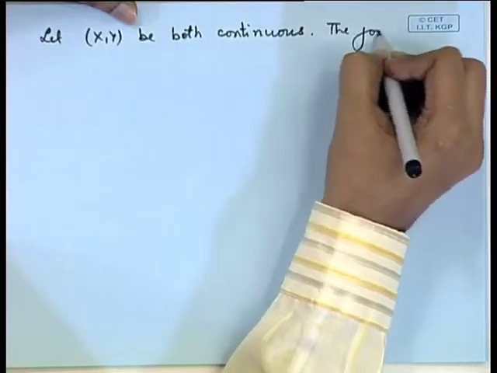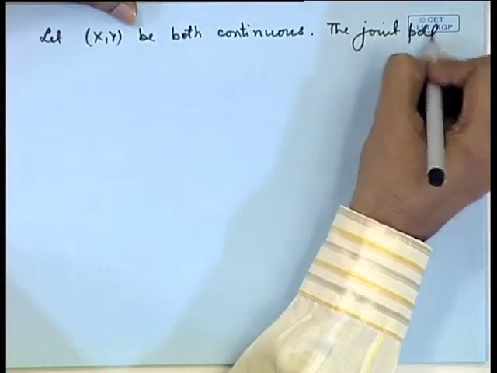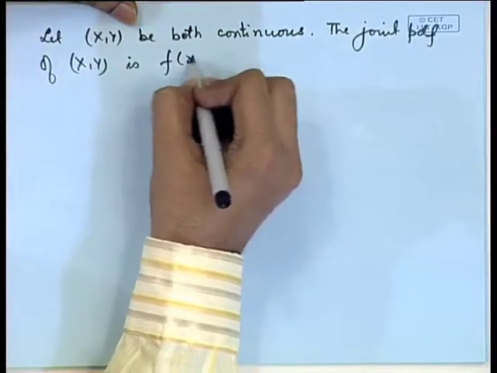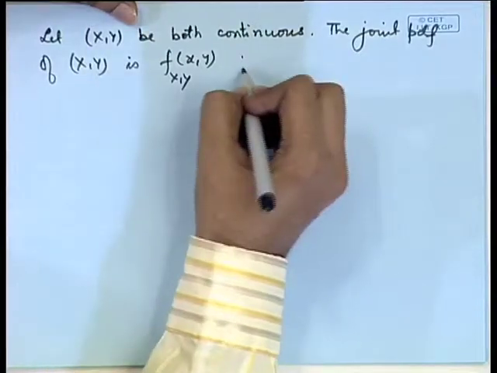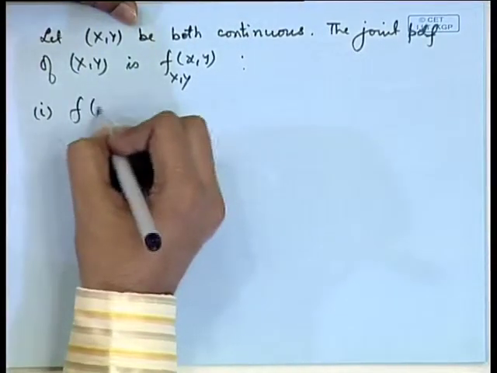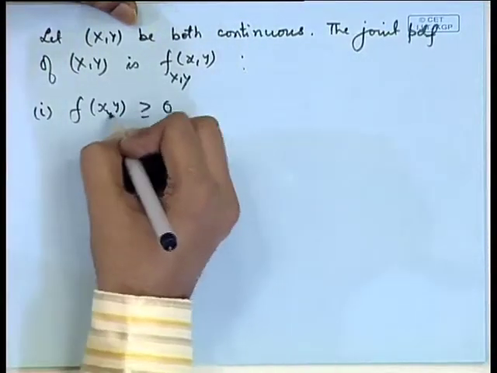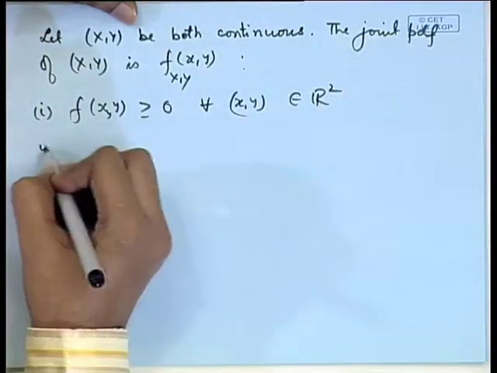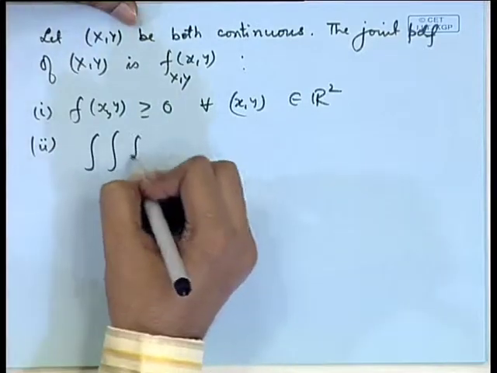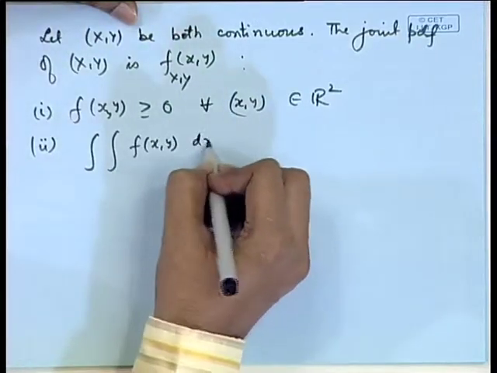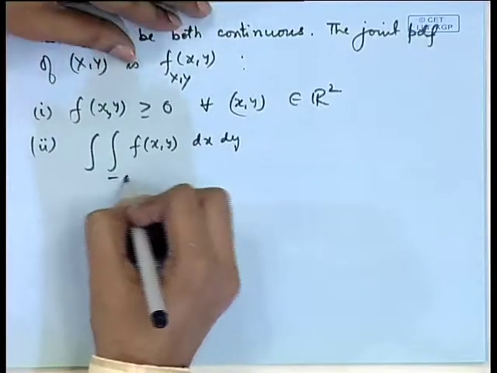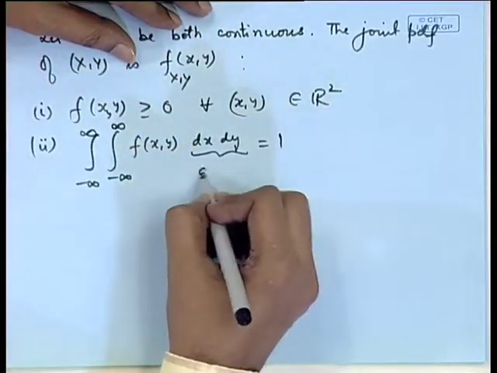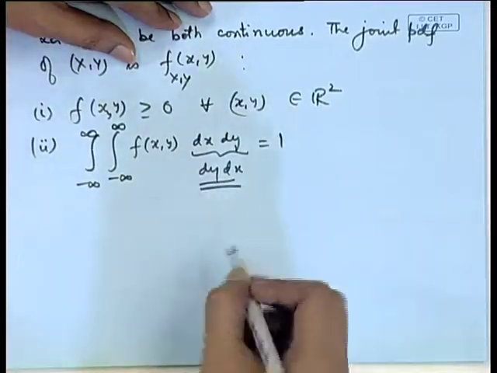The joint probability density function of x, y is f x y. This satisfies that it has to be a non-negative function, and the integral over the whole range with respect to both the random variables is 1. Here, in place of dx dy one may write dy dx also.